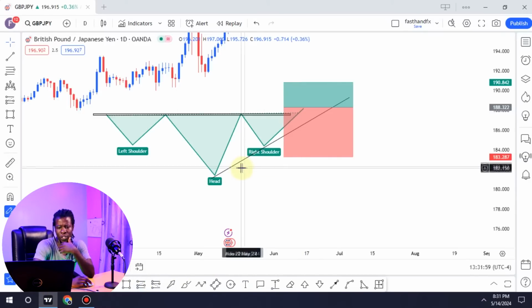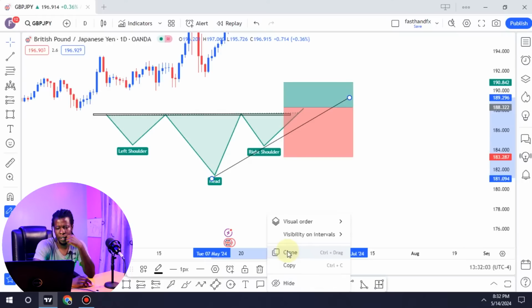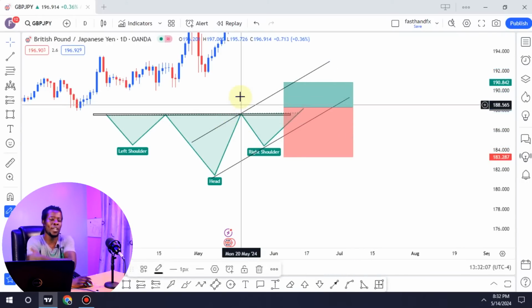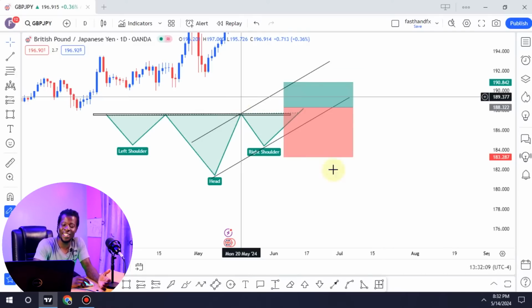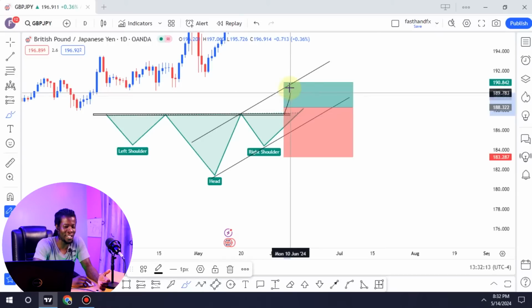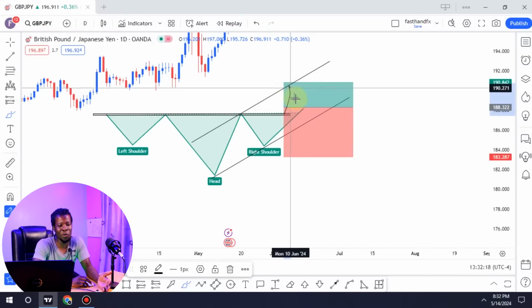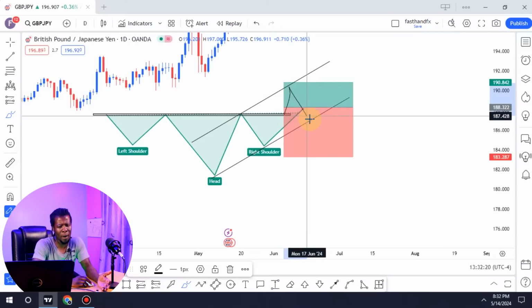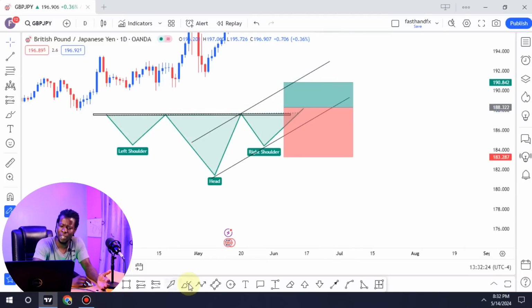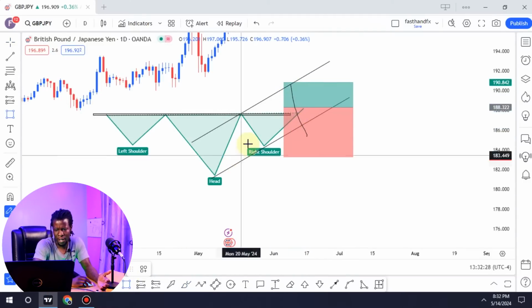Now if I clone this trend of mine and have it right there, it's kind of crazy, guys, because you're going to make your entry almost at the resistance. That means there is a higher chance that price is going to pull back before going in your anticipated direction.